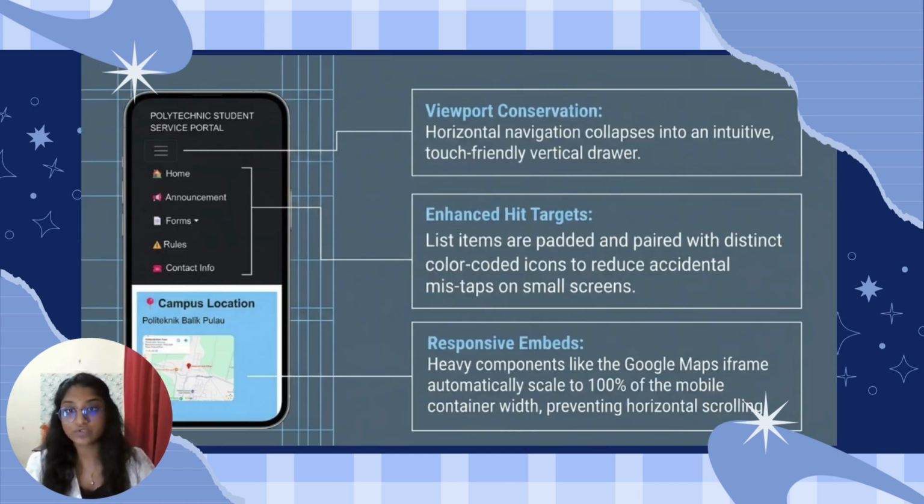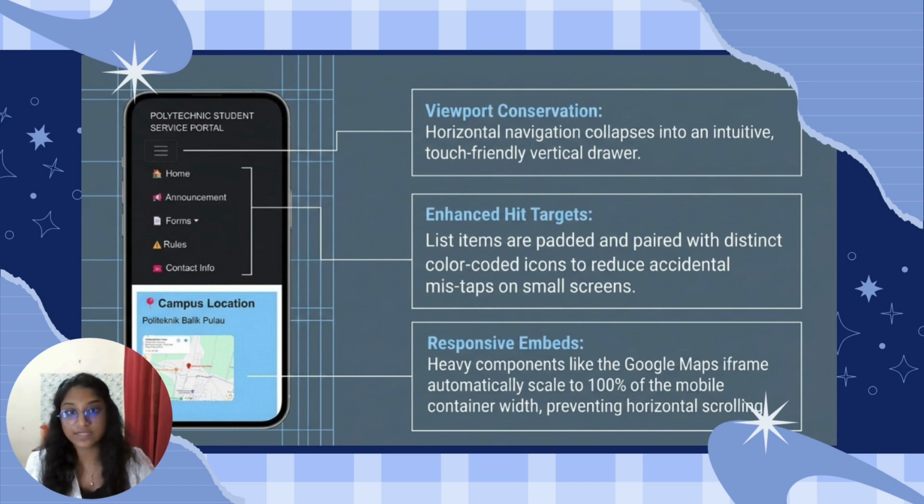So right now I want to explain how our website is responsive on mobile view. Horizontal navigation turns into a vertical tower. So it's easy to see, it doesn't look messy, and it looks simple and clean with this vertical tower. They also include visual emoji, so for students it's a small guide to what they are looking for.